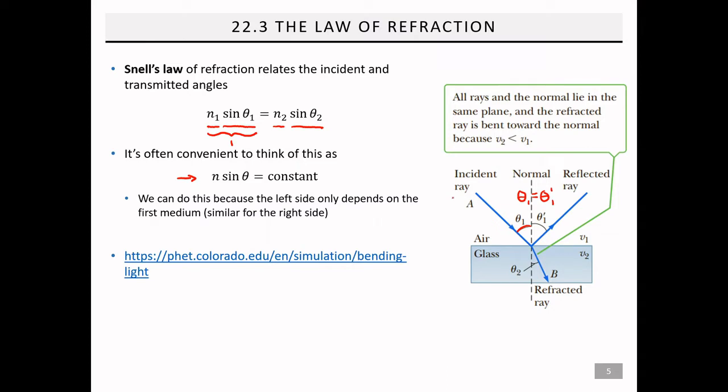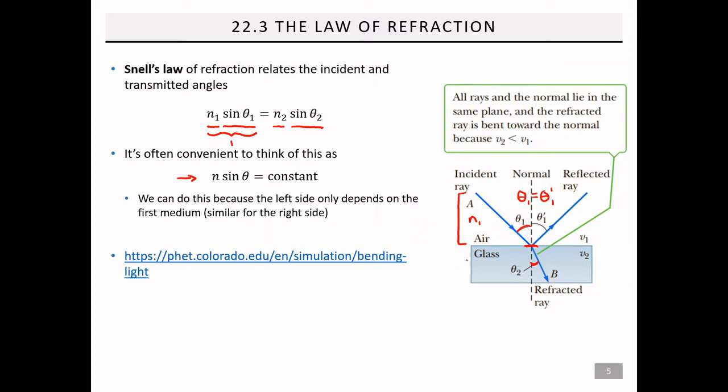In this example on the right, I have an incident ray passing through air into a second medium. The incident ray is passing through a material that has an index of refraction n1, and when that incident ray strikes the boundary between the two mediums, the incident ray makes an angle of theta 1 with the normal. So I have the example here where the incident ray refracts into glass and makes a certain angle.